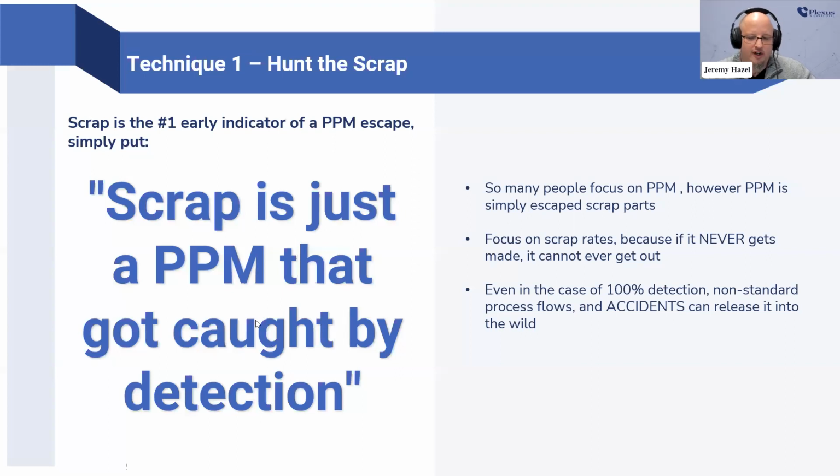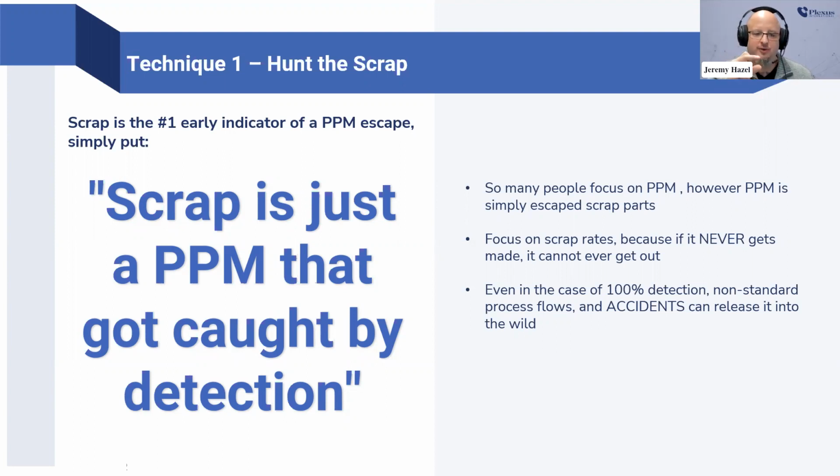The number one thing that I could tell you after 20 years: hunt the scrap, okay? Notice I went a little bit early on this one because I knew it was coming up. Scrap is simply a PPM that got caught by the detection. A lot of people are PPM focused, and your PPM that escapes is simply a scrap that made it through the detection process.